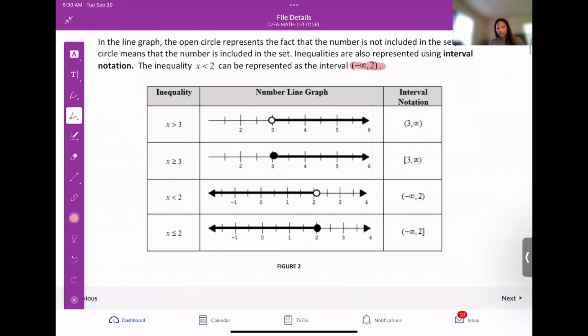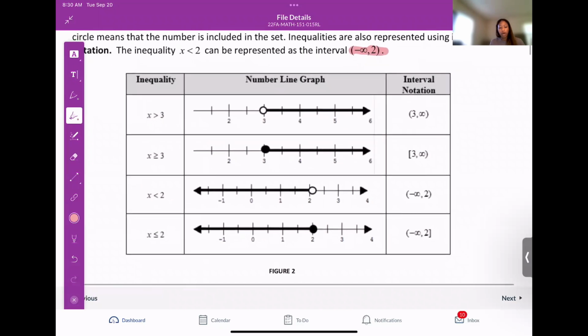In the next table, we have a few different examples of what inequalities can look like. We have greater than sign, greater than or equal to, less than sign, less than or equal to. And then you see pictures that explain what the differences in the graphs would be. Notice where we have open circles and closed circles, and then how you write this in interval notation. Notice where we have parentheses versus brackets.